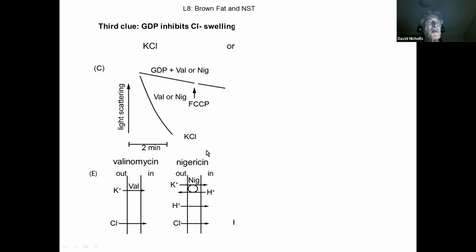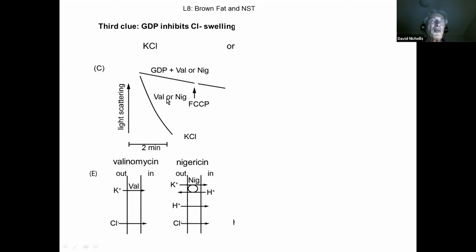So we did the experiment using two potassium ionophores: valinomycin, which is a potassium uniport ionophore, and nigericin, which exchanges potassium for protons. Then we looked at the swelling, and we found, first of all, that they swelled at the same rate in the presence of valinomycin or nigericin.